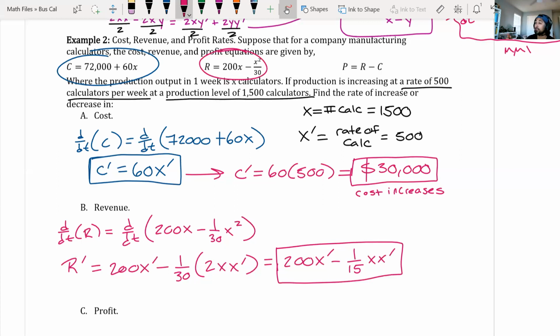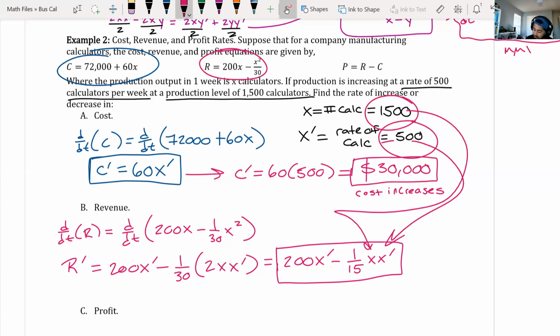But now let's go ahead and plug our x value of 1500 in for x and our x prime value of 500 in for all the x primes.